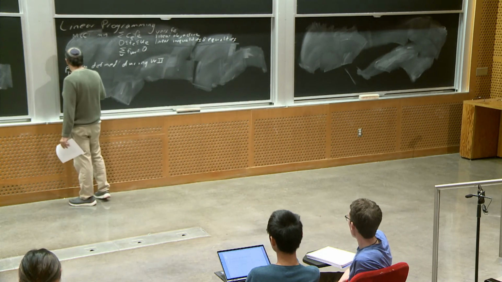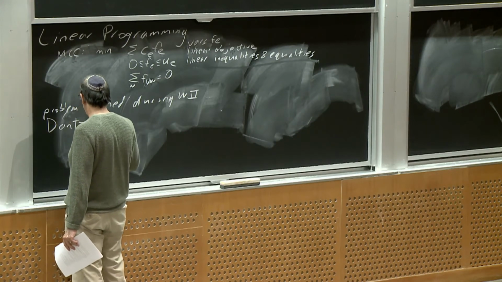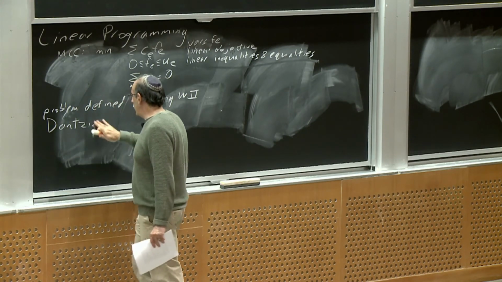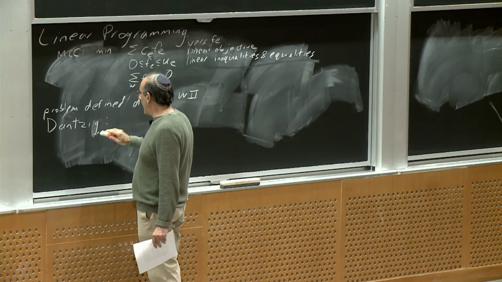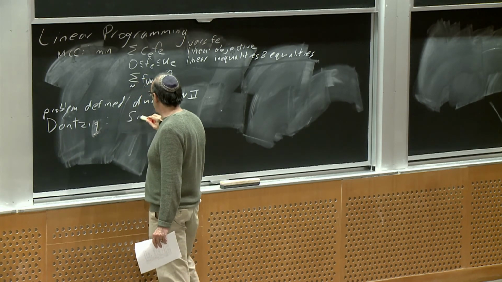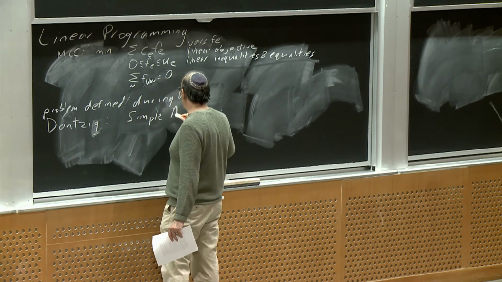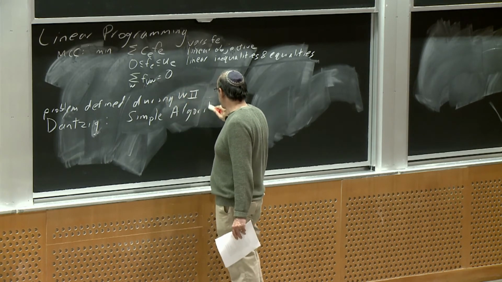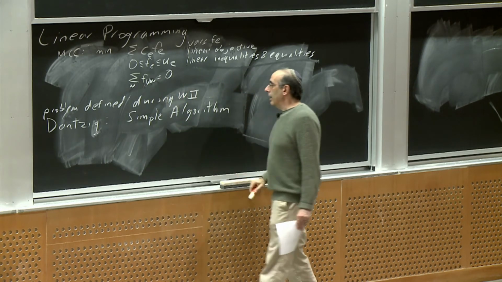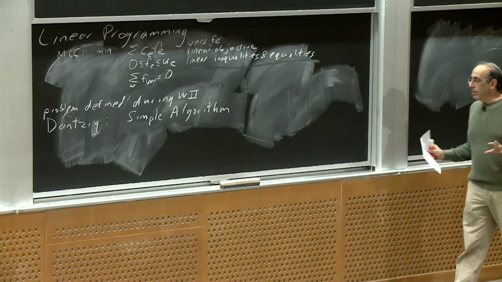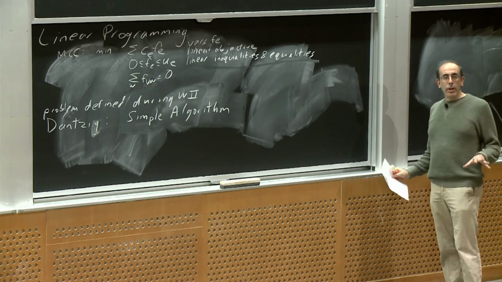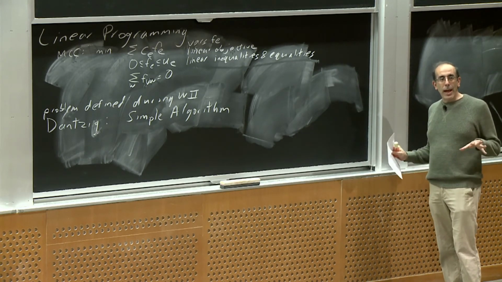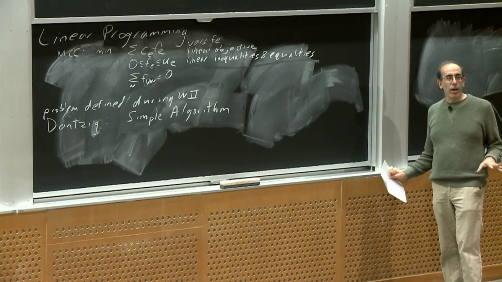And a guy named Dantzig developed the first algorithm for linear programming called the simplex algorithm. And this was in sort of the early days. This was when people weren't sure you could actually solve linear programs at all.